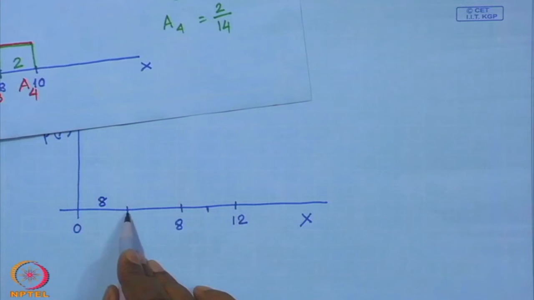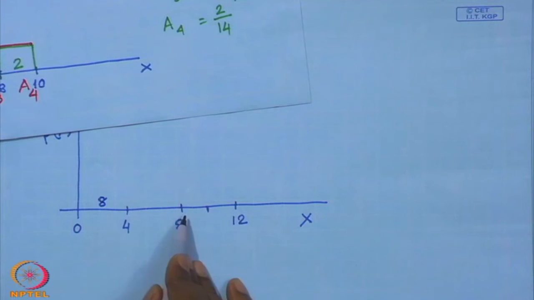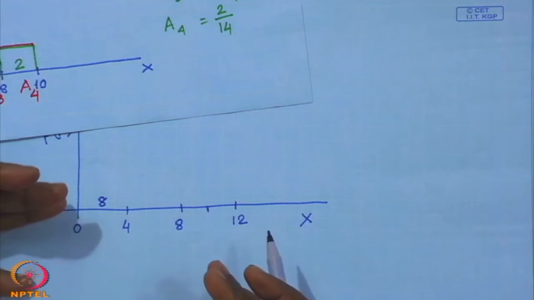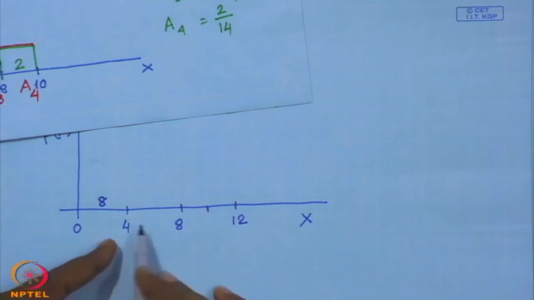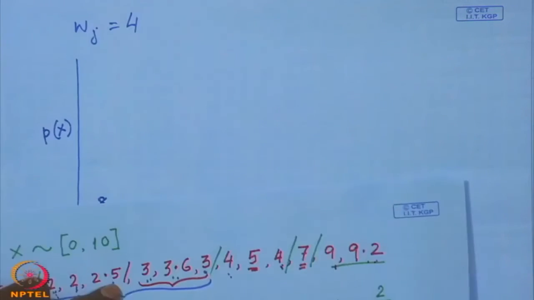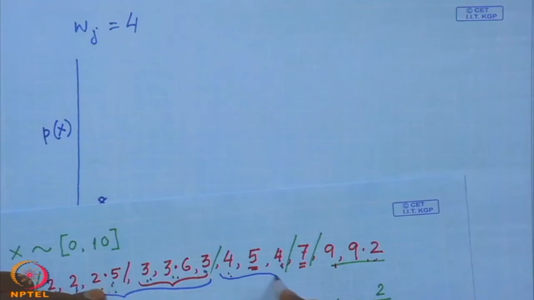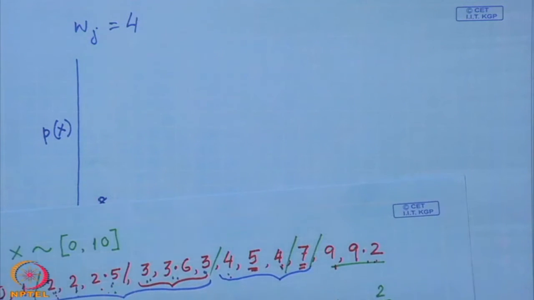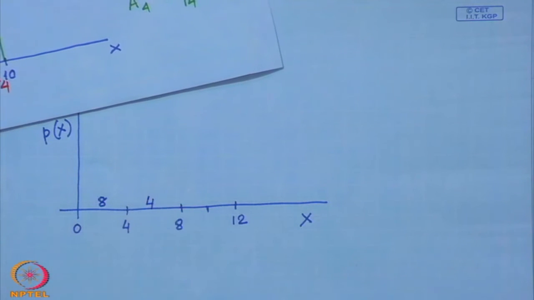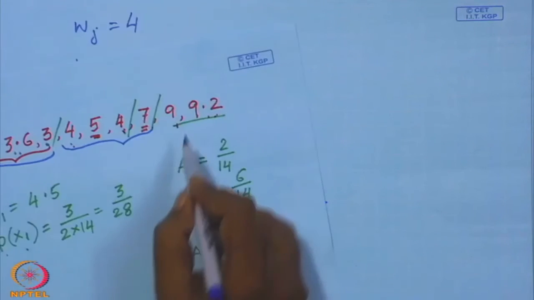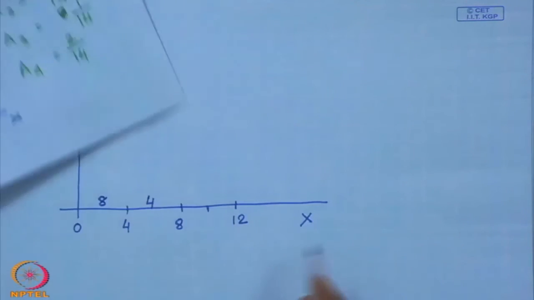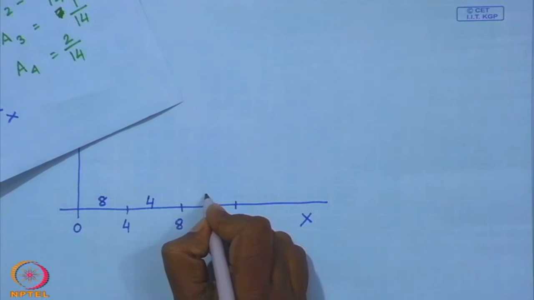Next, from 4 to 8: all the samples having values greater than or equal to 4 but less than 8 fall within this bin. Here I have the samples 4, 5, 4 and 7, so 4 samples are falling within this bin, and the remaining 2, that is 9 and 9.2, fall within the last bin.